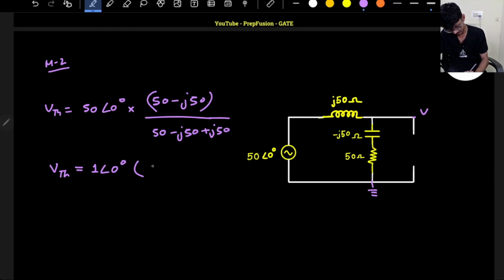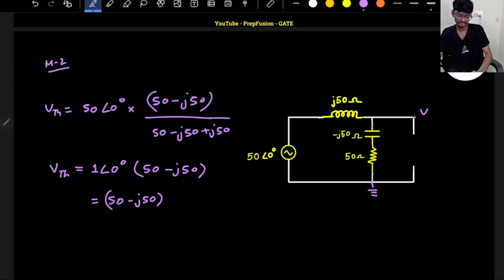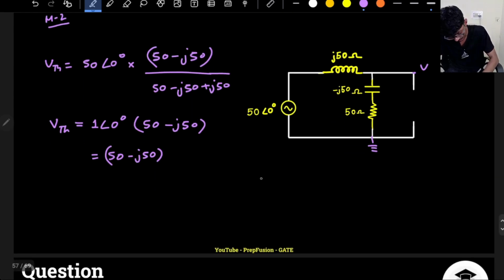So 50 has been cancelled. So this is 50 minus j50. So VTH will be 50 minus j50. So my circuit can be replaced like this: 50 minus j50.